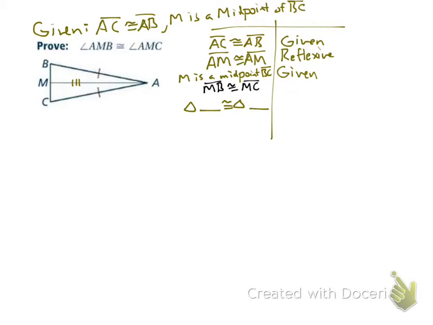Now, if that's what a midpoint is, why are those two congruent? Is it because it's a midpoint? If we flipped to the back of our book and looked up midpoint, would it say that it gives us those congruent parts?